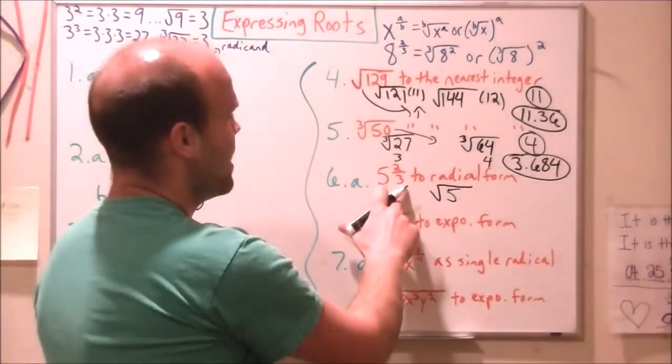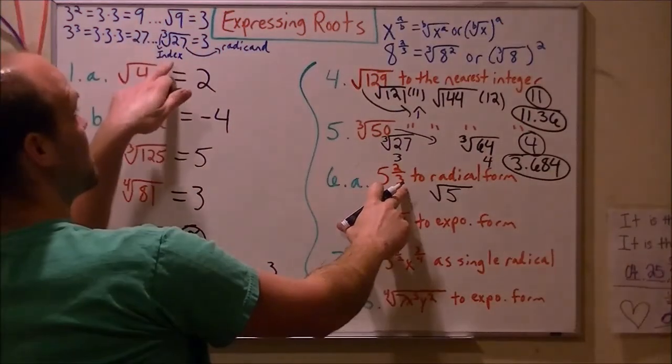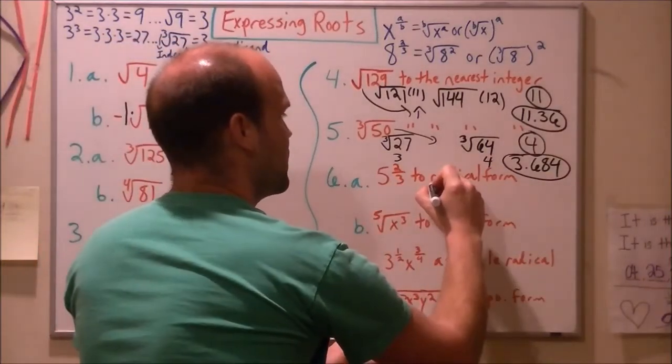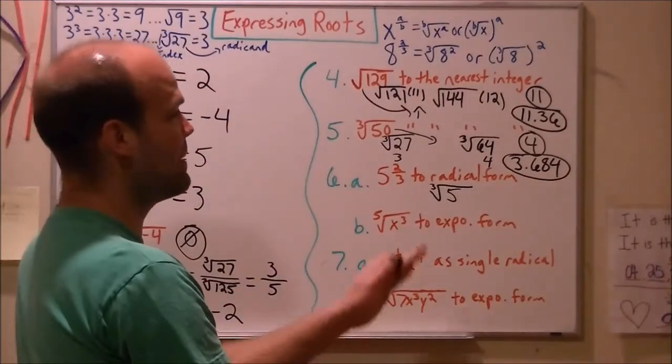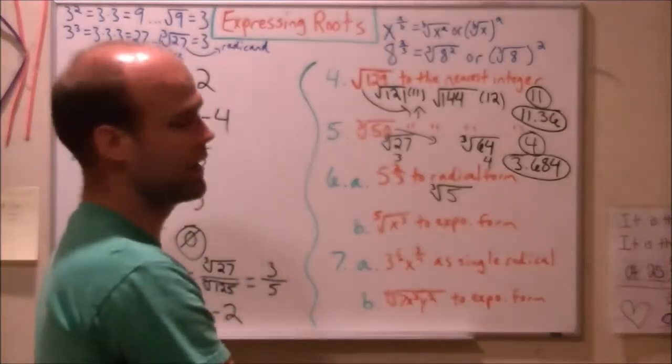I take the denominator, which is a 3, and turn that into, remember our terminology, my index, the number in the crook of the V. That means it's going to be a cube root in this instance because the denominator is a 3.